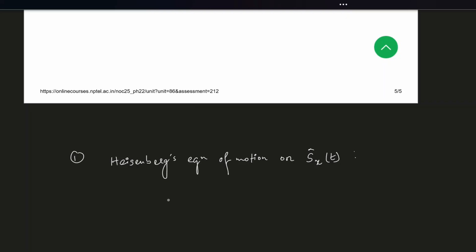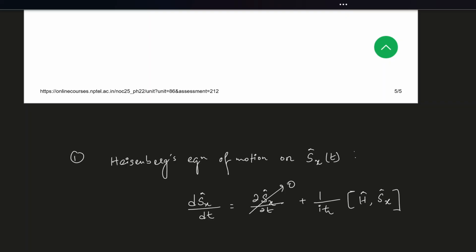So the equation is basically that del Sx by del t plus 1 by i h cut, Sx commutator bracket H.